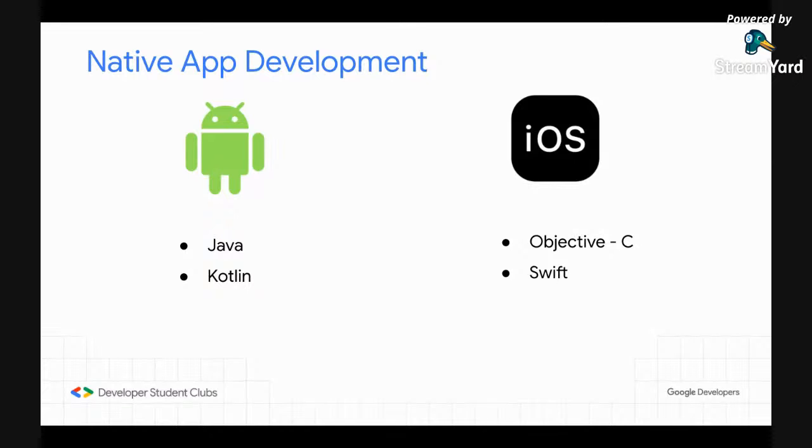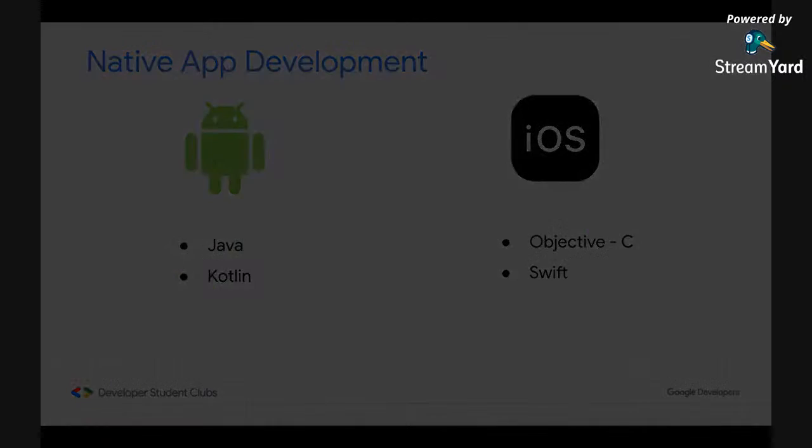Basically, we have to maintain two different code bases for two different types of apps. And one thing, Kotlin is the official language of Android, and Swift is the official language of iOS development. This basically works fine. We can also develop native apps, and we will have sessions on native app development in the near future if you want.